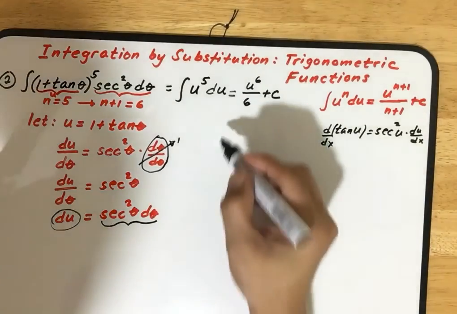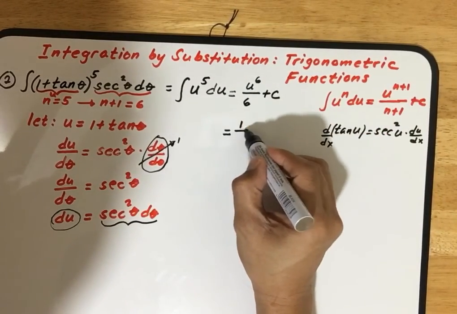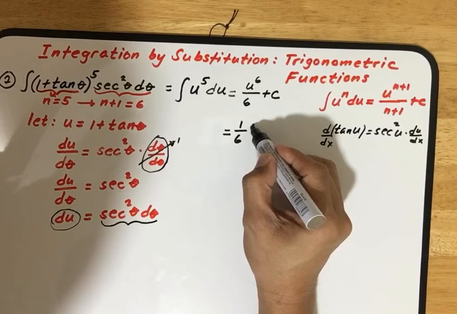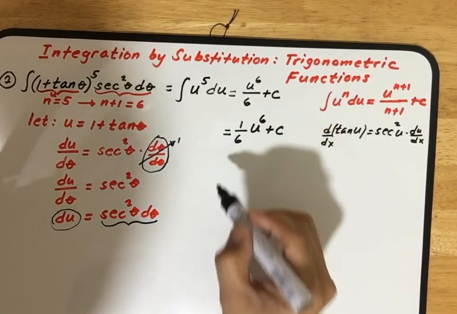So this is equal to 1 over 6 times u to the power 6 plus c.